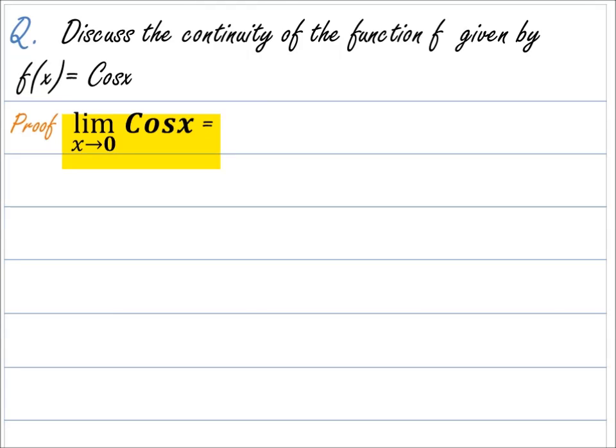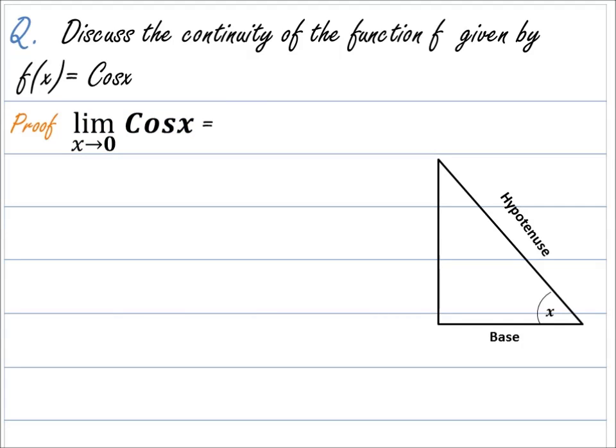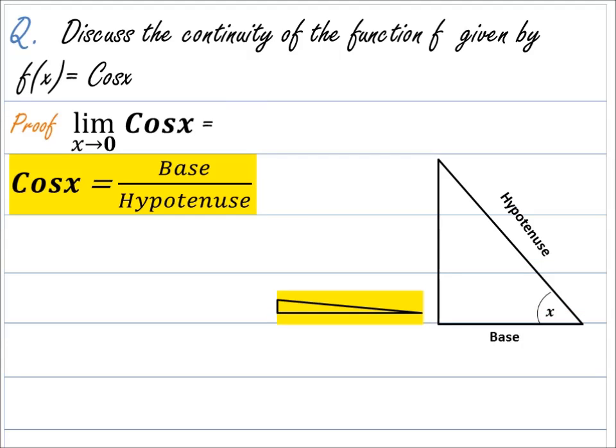And what will be the value of the limit when x approaches 0? Now if you draw a right angle triangle, here you can see when the angle x approaches 0, at that moment the length of the base will be nearly equal to the length of the hypotenuse. That means since cos x is equal to base upon hypotenuse, and because here base is nearly equal to hypotenuse, the limit of cos x when x approaches 0 is equal to 1.